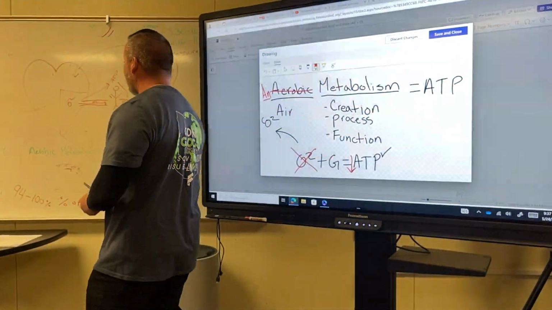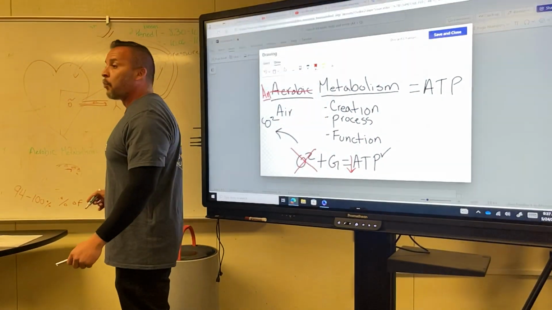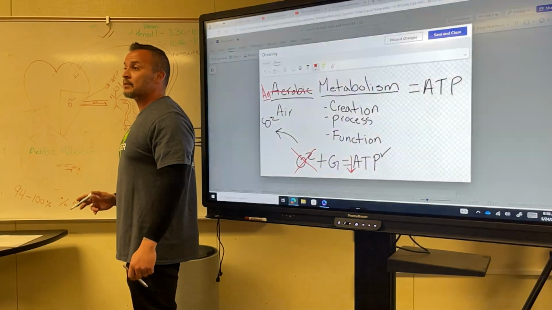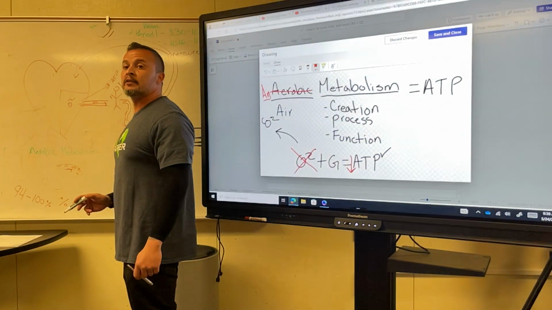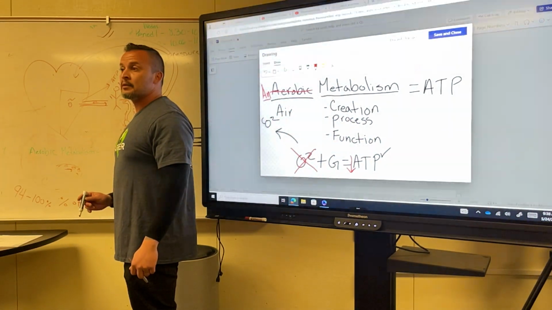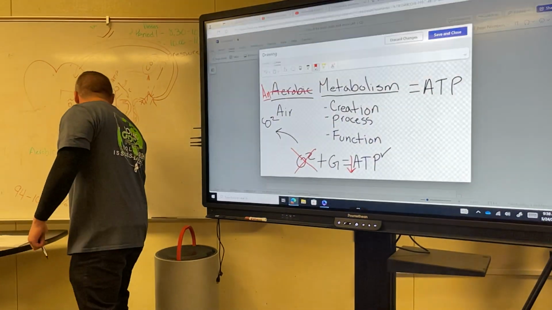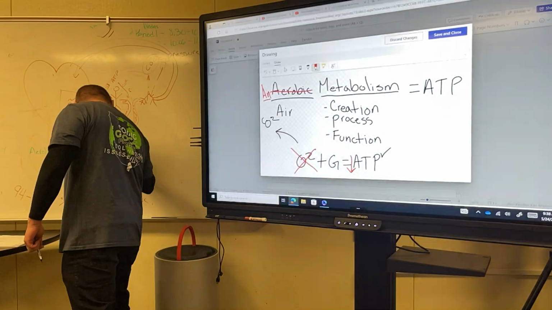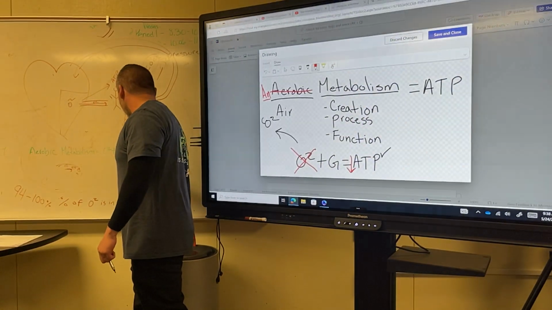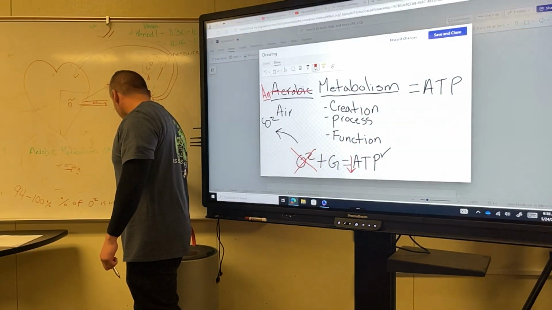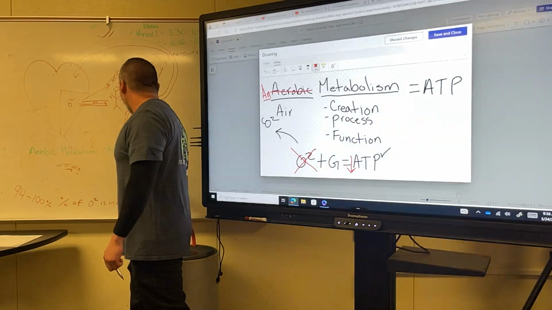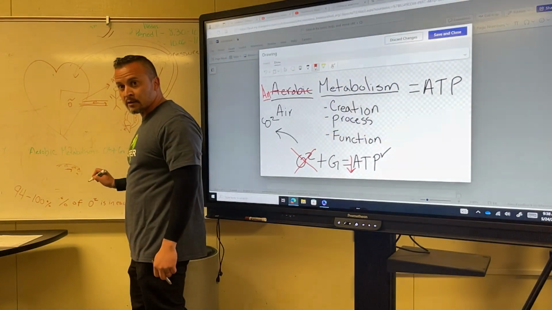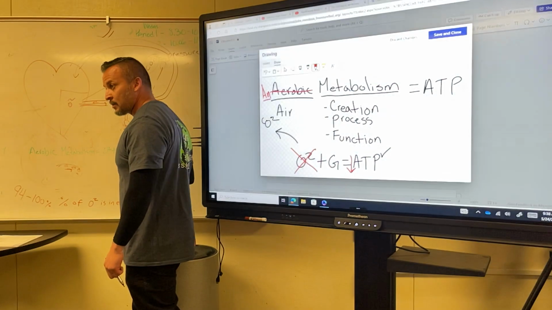All right, so aerobic metabolism equals what equation, Samantha? Do you know? No? What equation does it mean? Oxygen plus glucose equals ATP. Oxygen plus glucose equals ATP. Also equals perfusion.